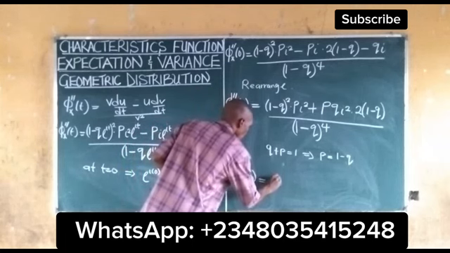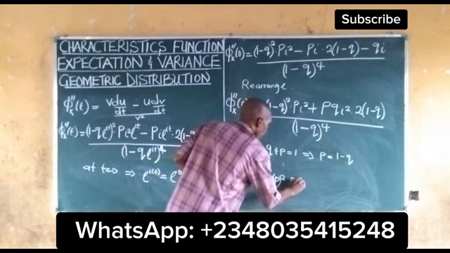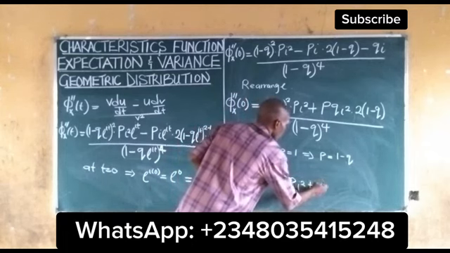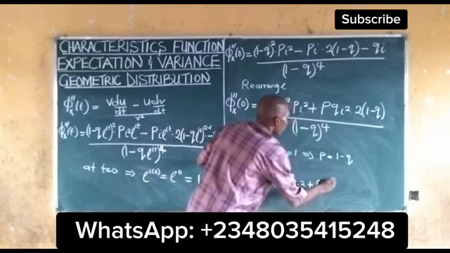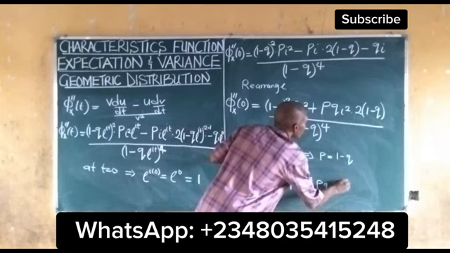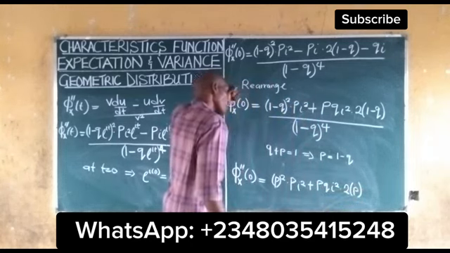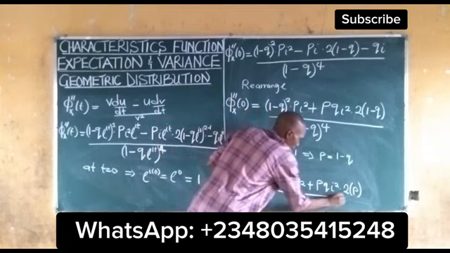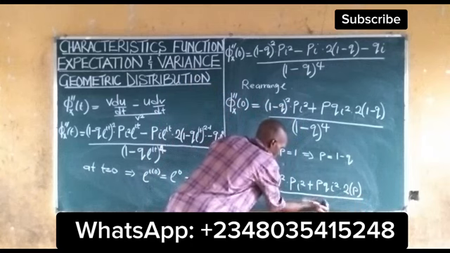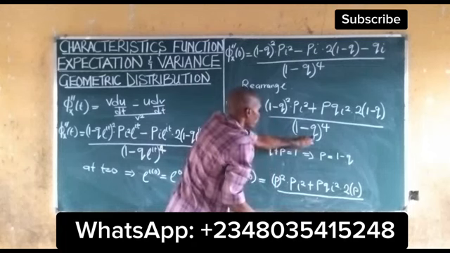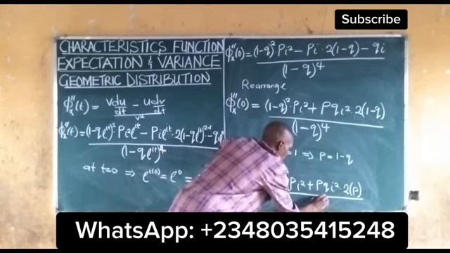is equal to p squared into p i squared plus pq i squared multiplied by 2p all over 1 minus q, and 1 minus q is equal to p, into p raised to the power of 4.